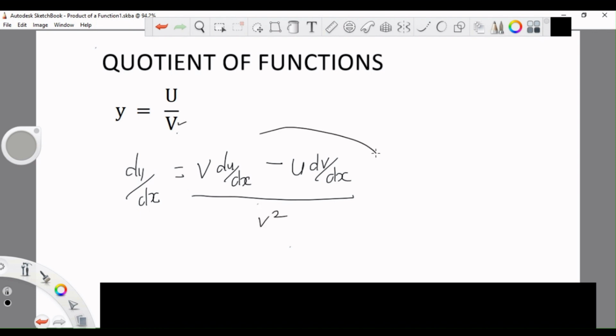So this is how we differentiate division of two functions.